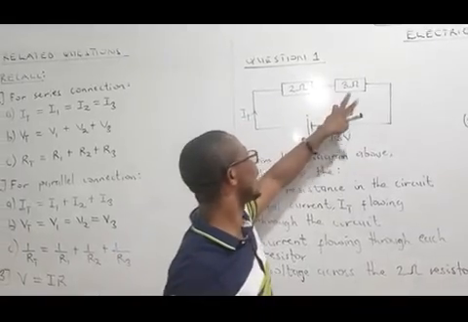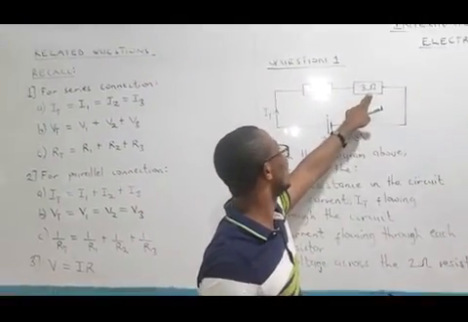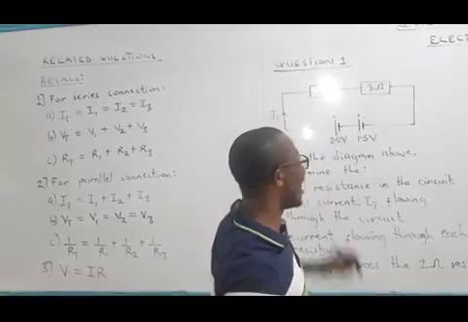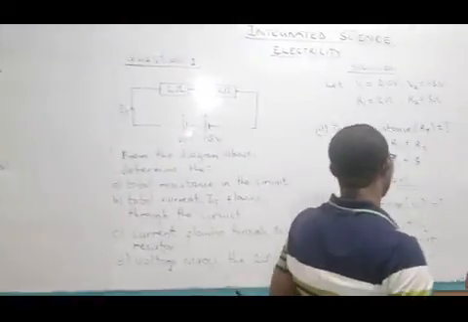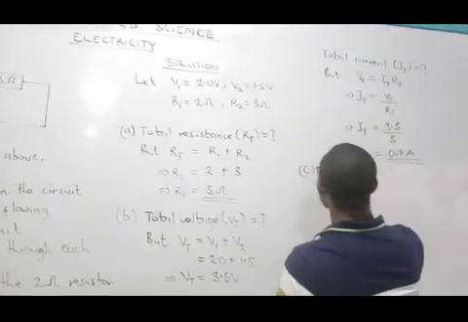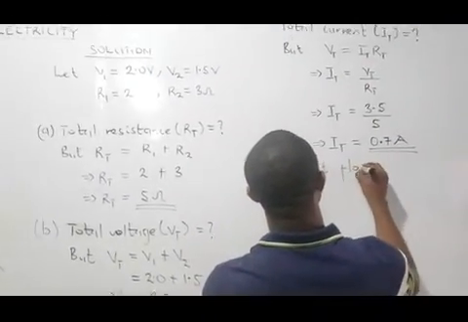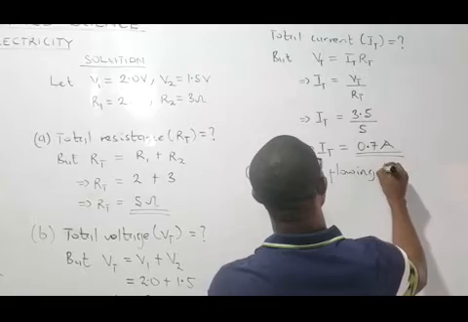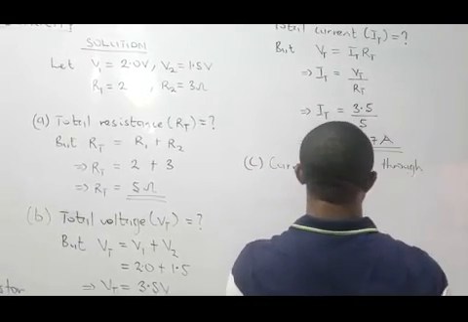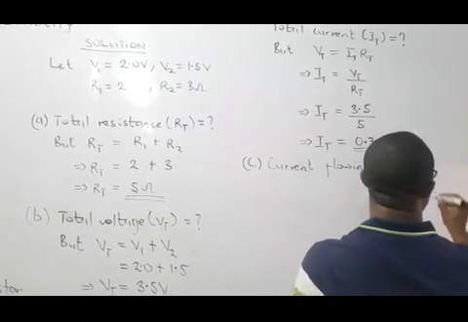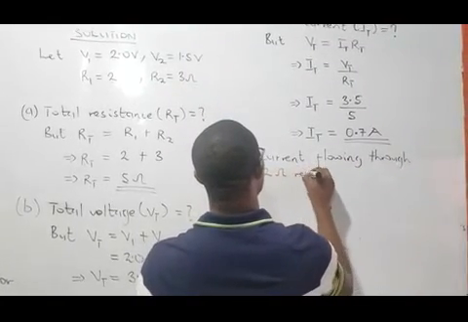Similarly, the current flowing through the R2, that is the 3 ohm resistor, will be equal to the IT, which is also 0.7 amperes. So current flowing through the 2 ohm resistor.